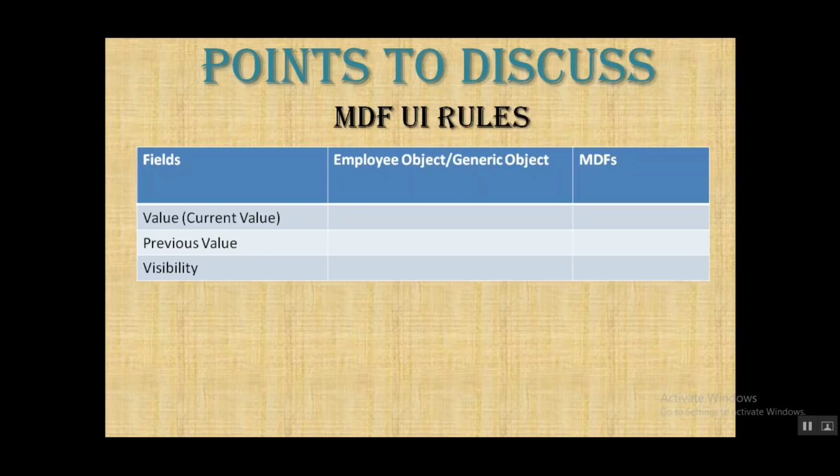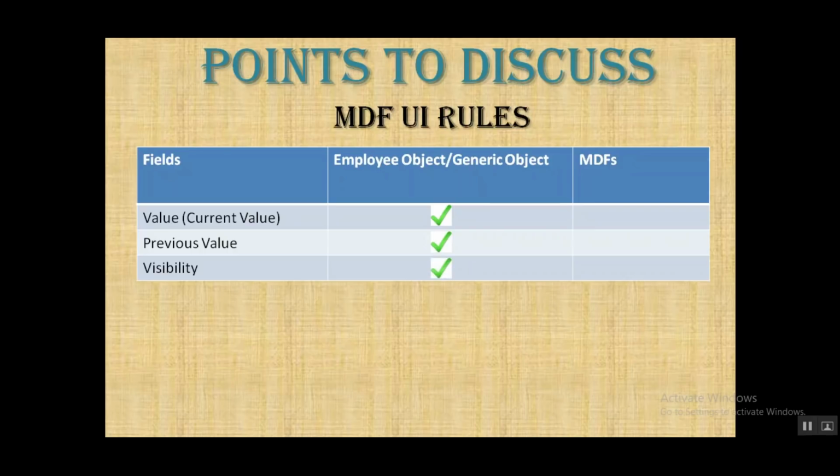If we want to do it for personal information, we can find the personal information model base object. And in those model base objects, we can find value, that means the current value of the field, the previous value is also available, and visibility is also available.